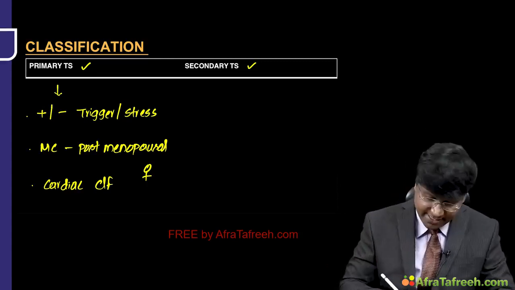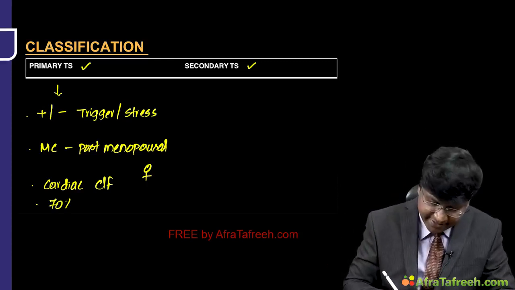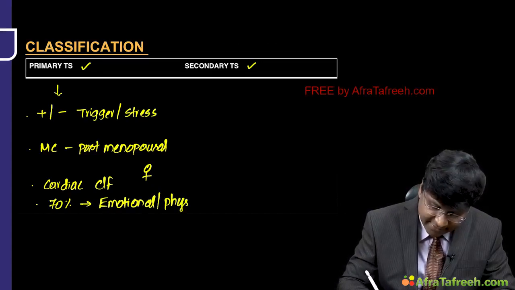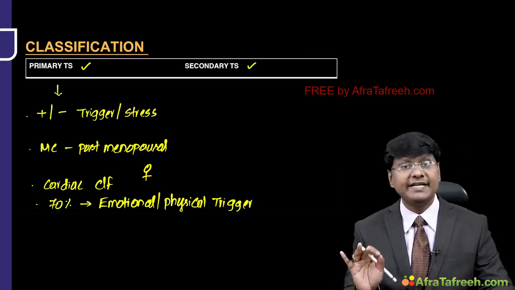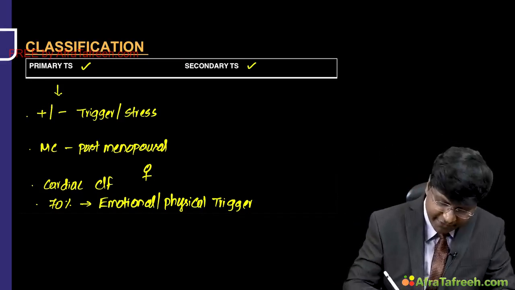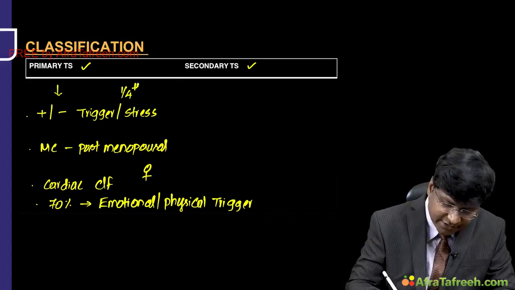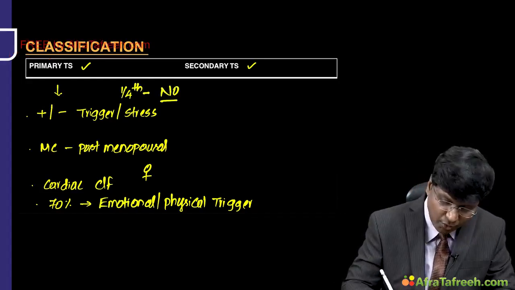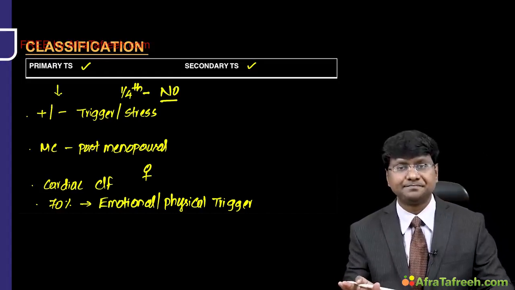And in almost 70% of patients, there will be a preceding emotional or physical trigger. In almost 25 to 30% of individuals, that is in one-fourth of patients, there is no clear trigger.